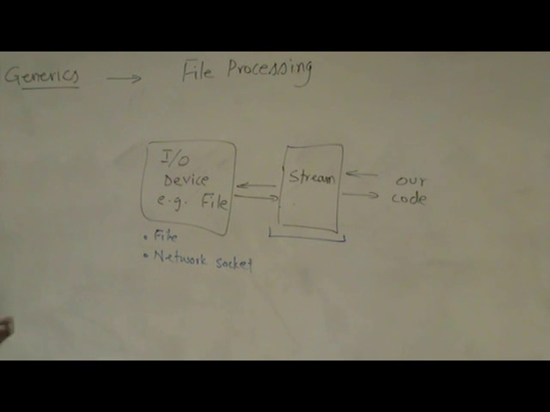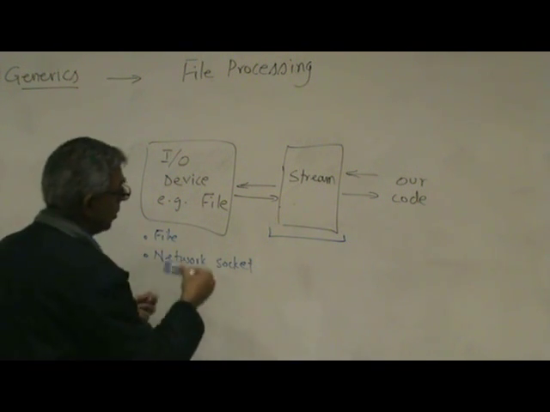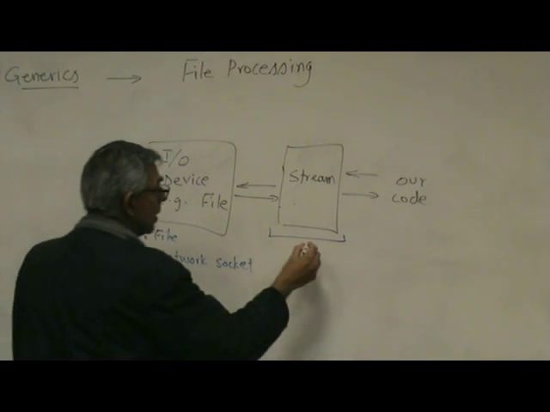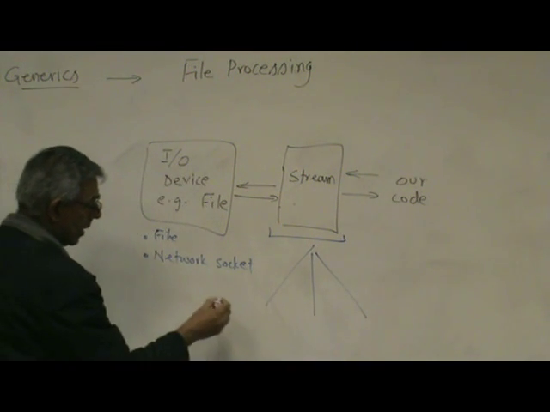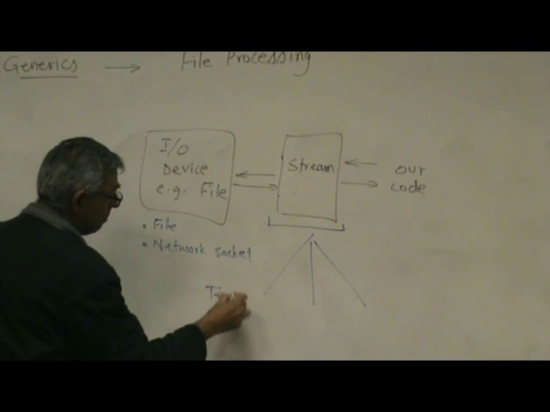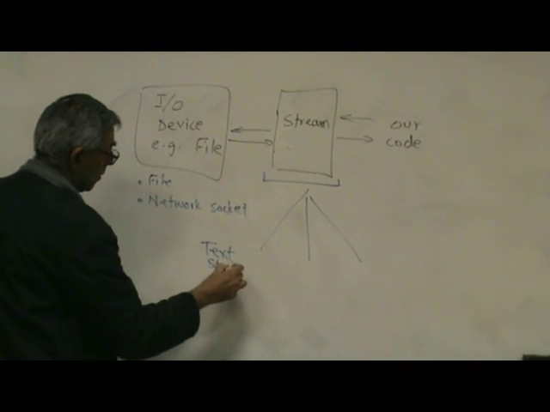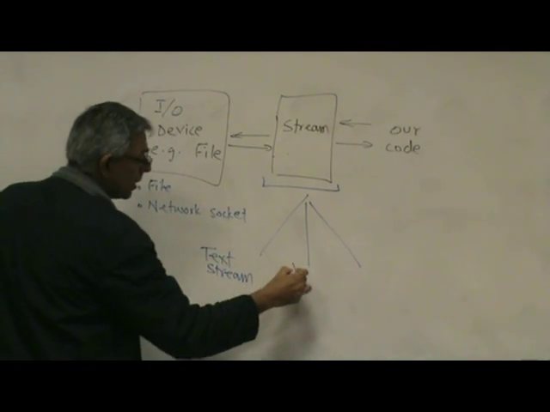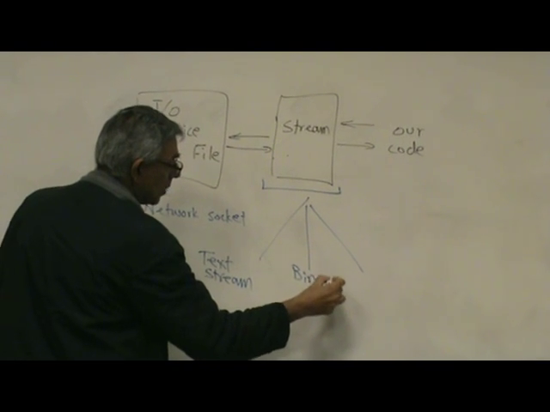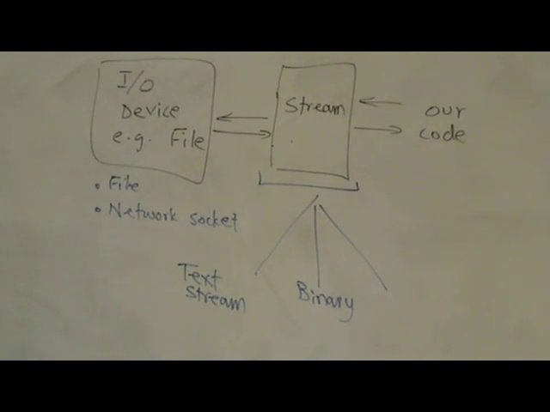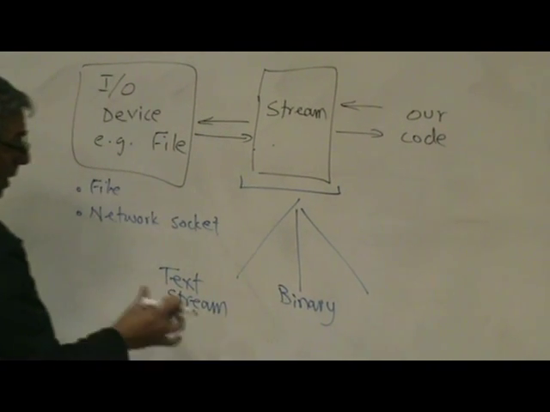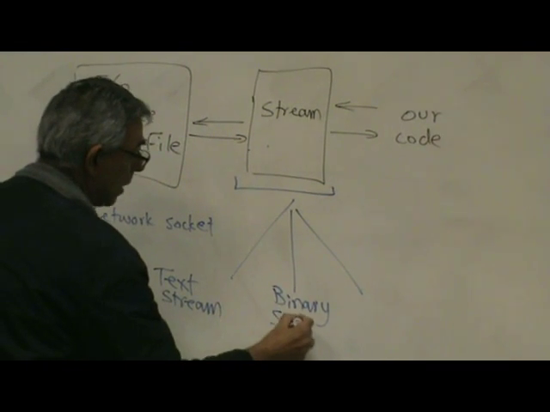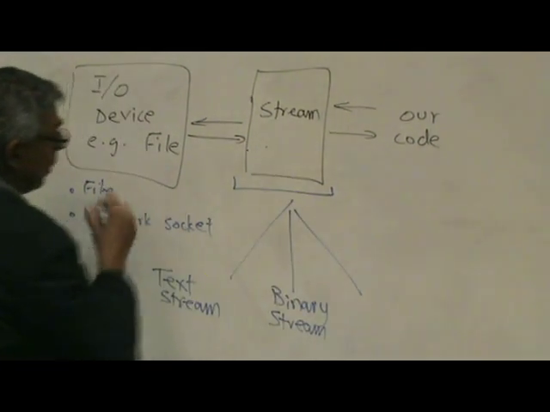The concept you need to know now is that there are different kinds of stream objects. There's a text type of stream, and there's a binary stream. For example, if the file is an image file or multimedia file, that would be a binary type of stream that we need to associate with the file.